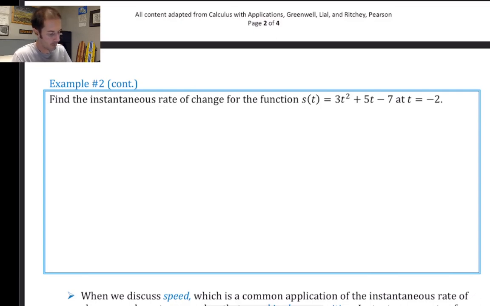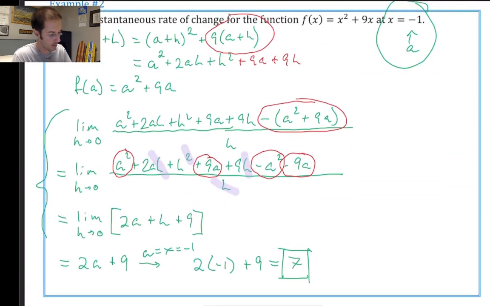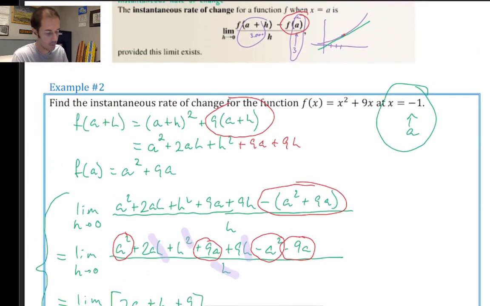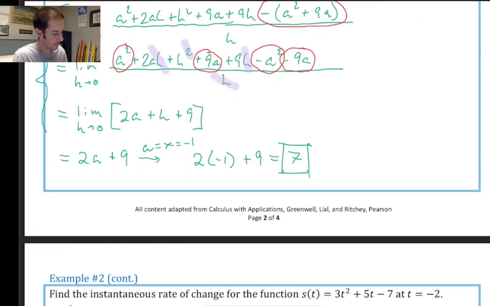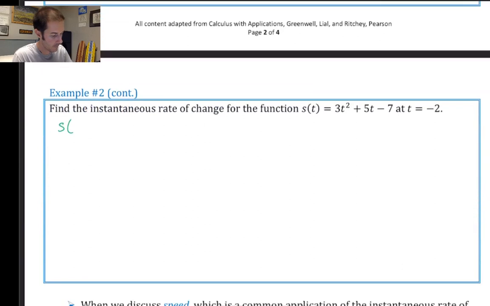The first thing we need to do is figure out s of, just like we did up here, in the, oh, it's behind me. There it is. This time it's going to be s of a plus h. Too many colors.